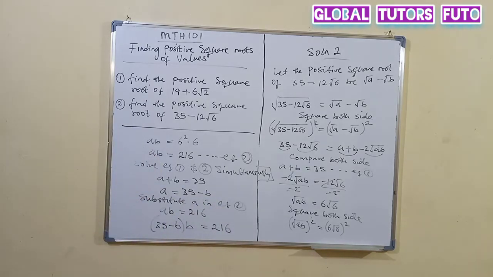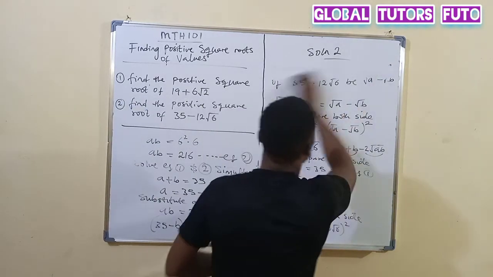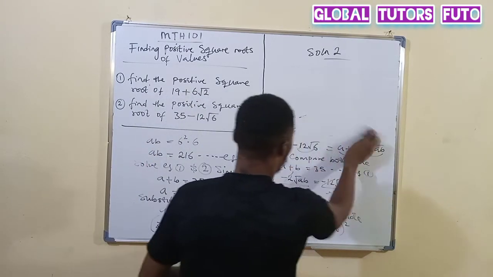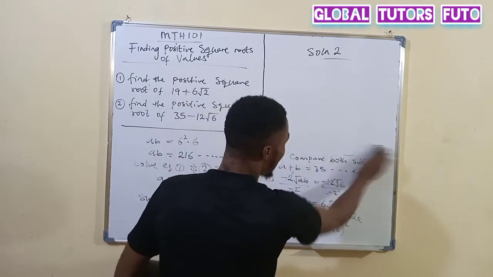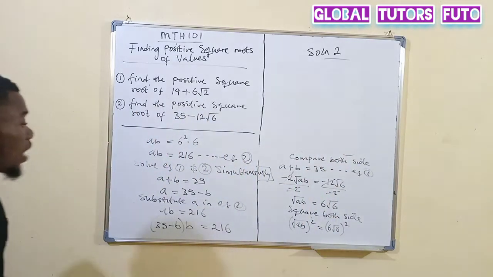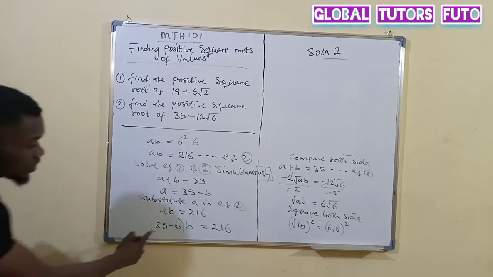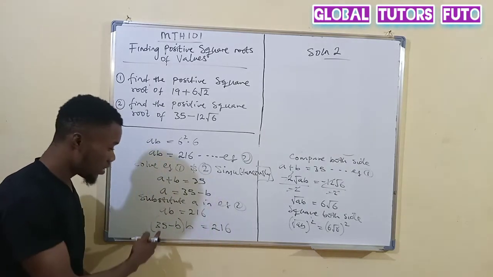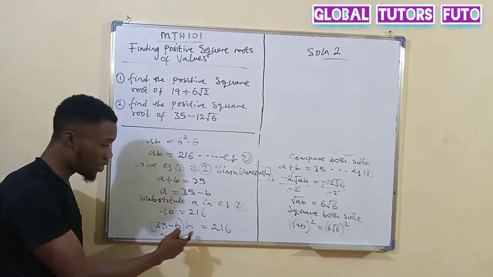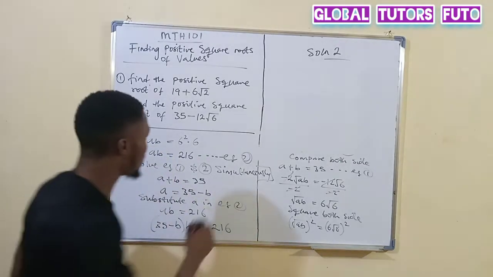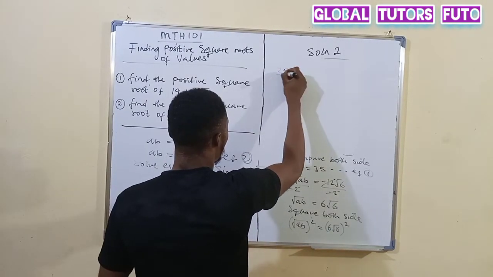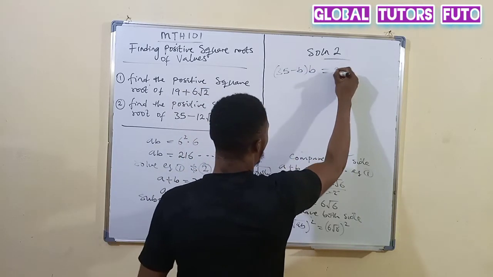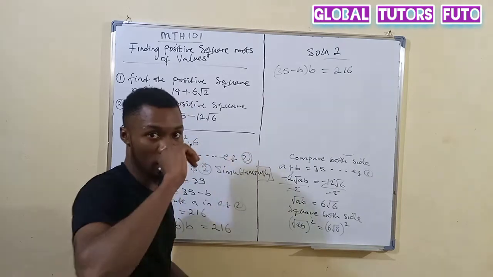So let me make a space up there. So at this point, what we have is 35 minus B into B is equal to 216. Okay, so let's expand this.